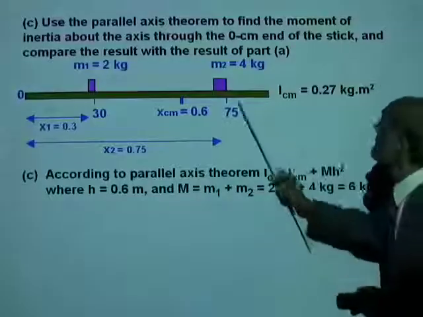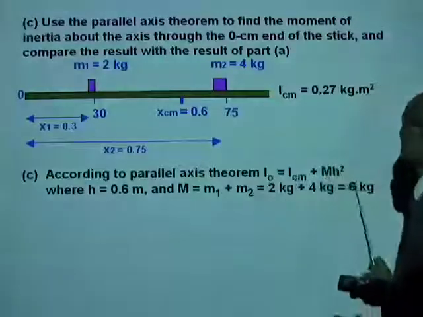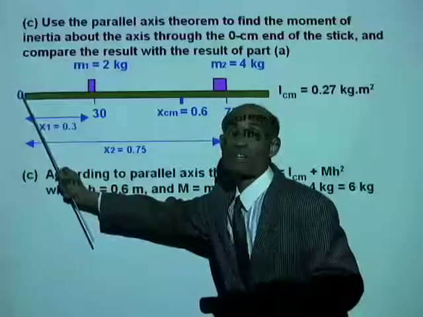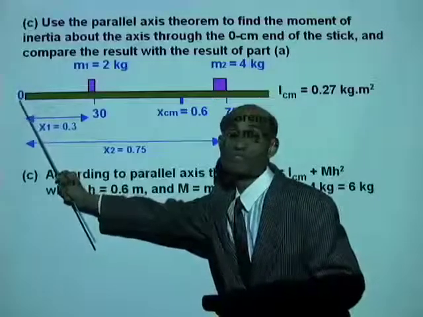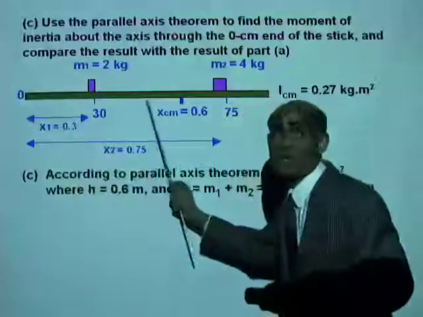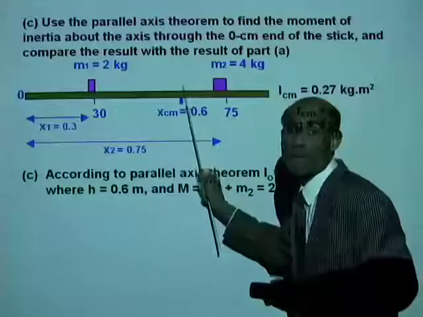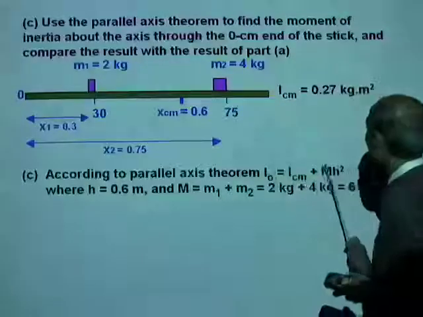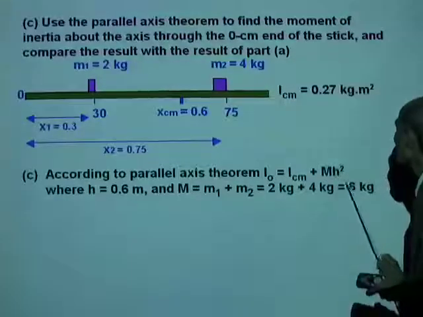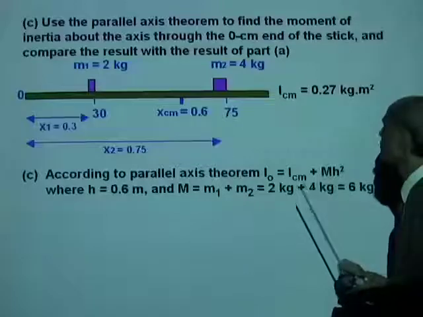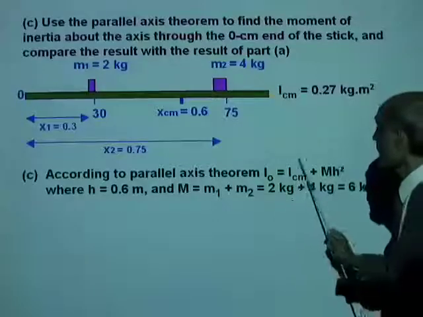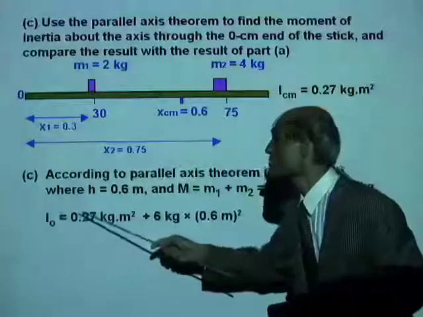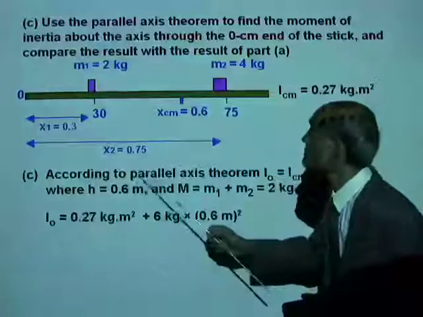So the total mass of the system is 6 kilogram, and the distance of the axis that passes through the 0 centimeter mark from the axis that passes through the center of mass is 0.6. So M is 6 kilogram, h is 0.6, and therefore we have I0 equals I center of mass.